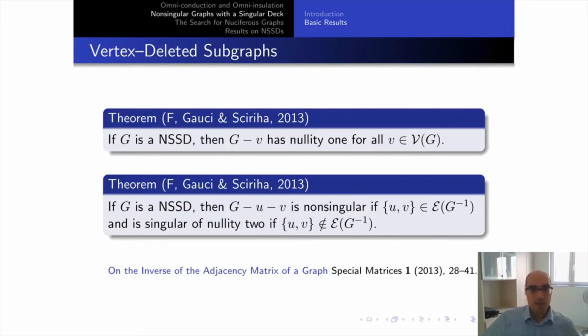On the other hand, it is singular of nullity 2, it cannot be of nullity 1, when this does not happen, in which case you don't have an edge in the inverse. Or alternatively, you could say that the inverse matrix has a 0 in the entry UV. Of course, here we're assuming that U and V are different vertices.